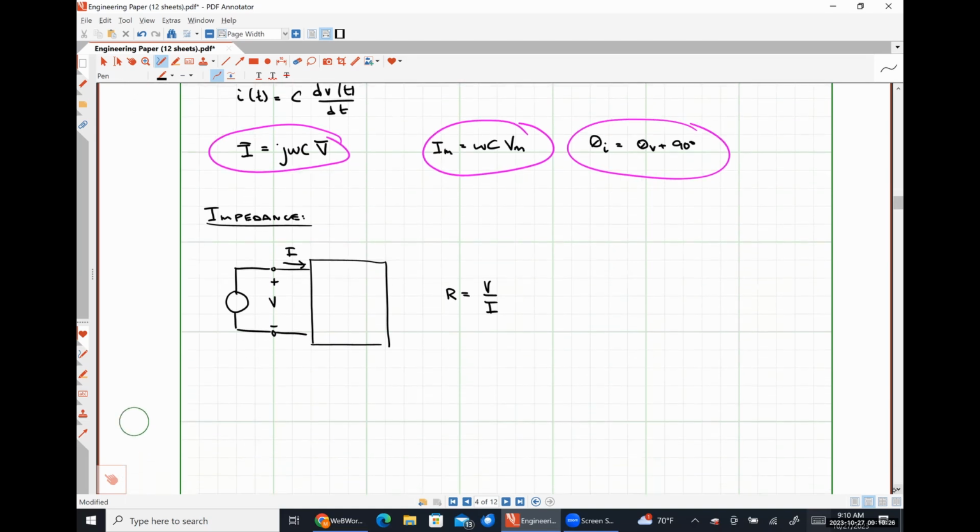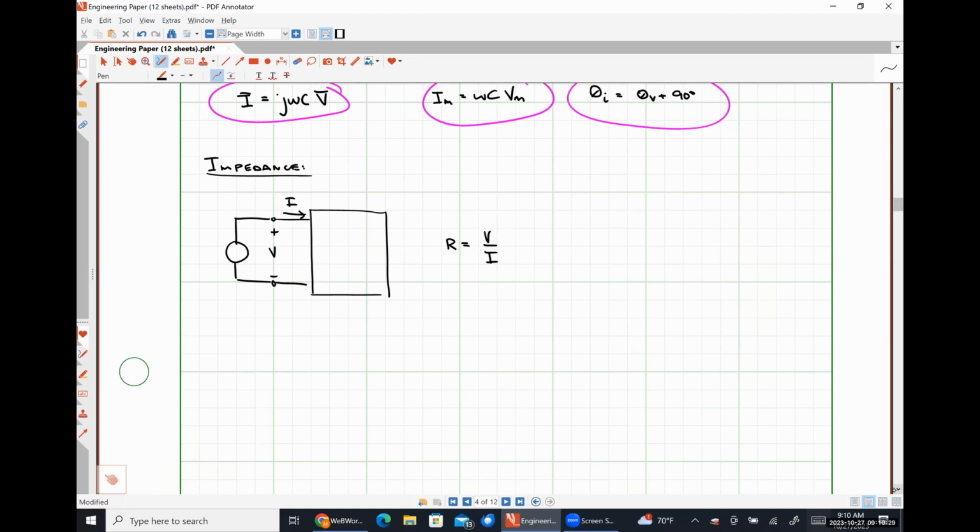If we have an AC circuit in the frequency domain, so if we have a network and we sinusoidally excite it, and we measure the phasor voltage across the terminals of the network and measure the phasor current flowing into the network, we will define impedance Z to be the ratio of the phasor voltage to the phasor current.